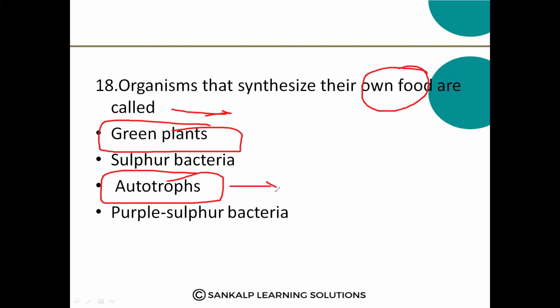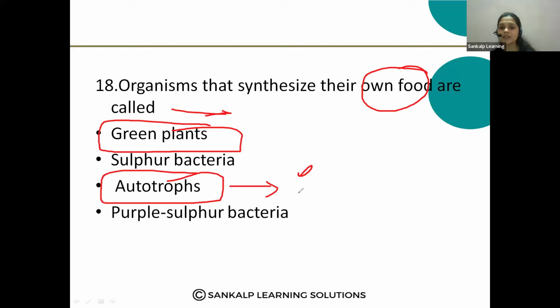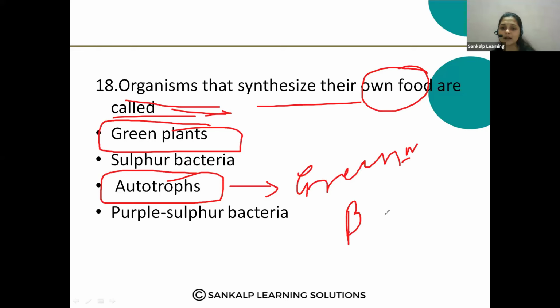Autotrophs. An example of an autotroph is green plants. Along with the green plants, some bacteria are also able to prepare their own food, so they are also called autotrophs.